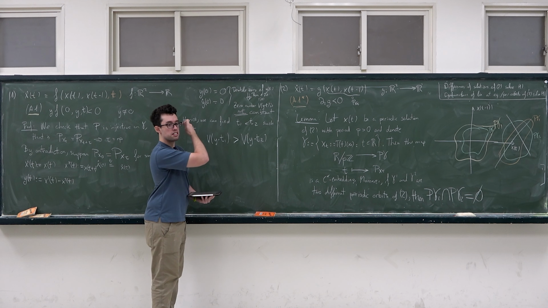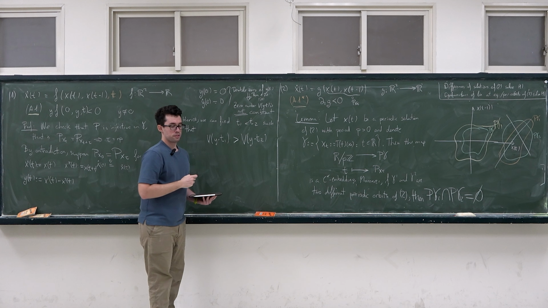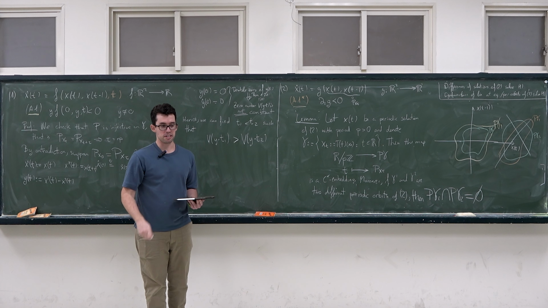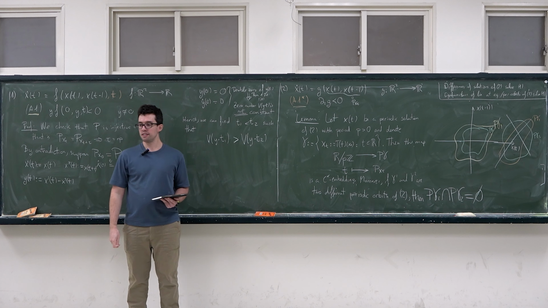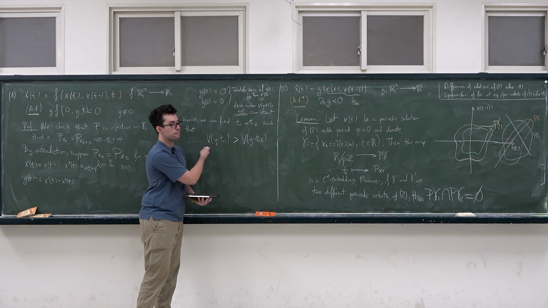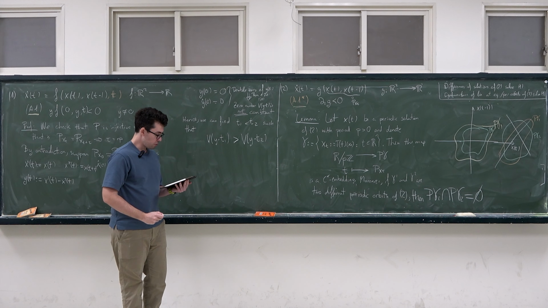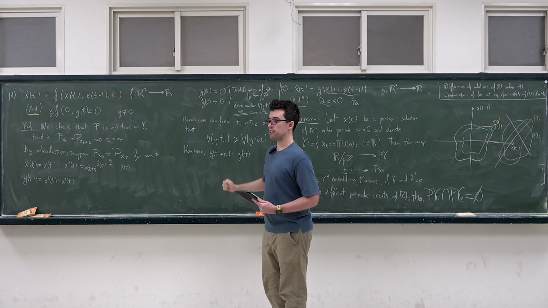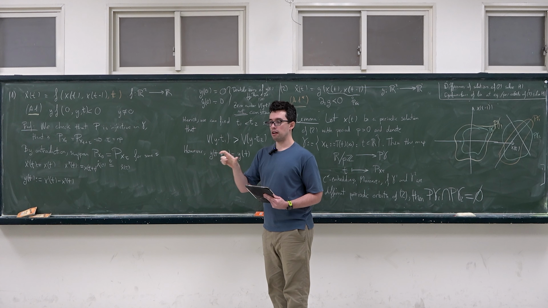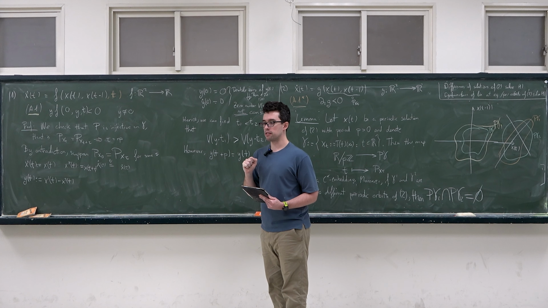So maybe 10 years ago, y of t used to have 5 zeros, and after 20 years, it dropped. The zero number used to be 5, and now it's 3. Okay, but remember that y of t is actually a periodic function, right? Do we agree to this? Because it's just a difference of 2 solutions along the periodic orbit.